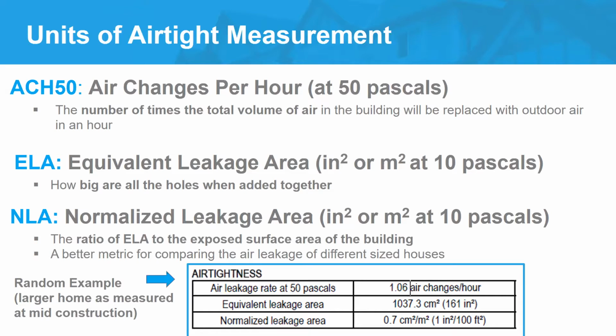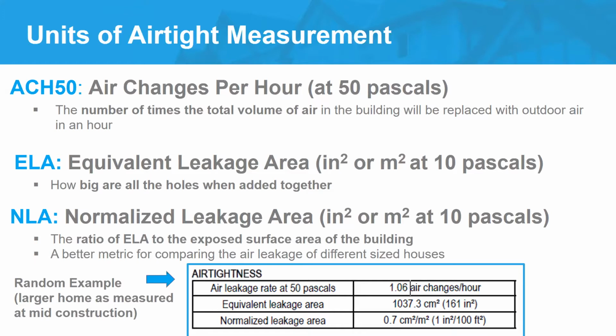And this is a very useful way of visualizing how much air leakage there would be in a home. And then there's the normalized leakage area. And this is the ratio of the equivalent leakage area to the exposed surface area of the building. And this is a very useful metric for comparing the equivalent air leakage in different sizes of homes.